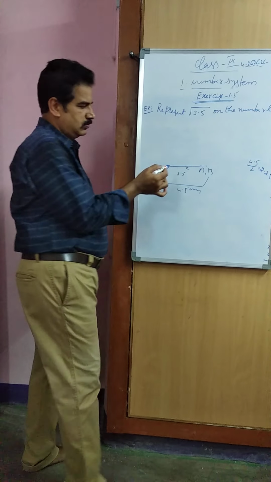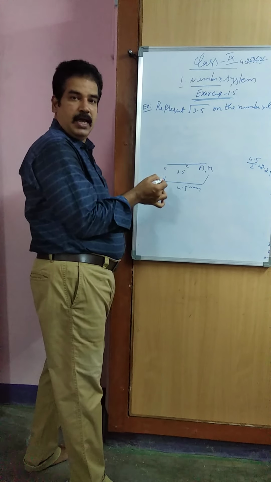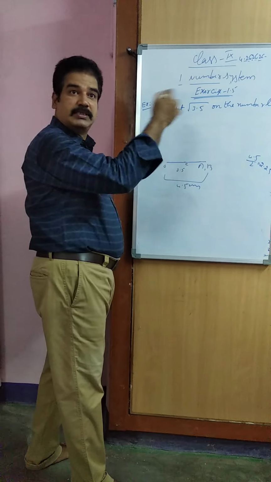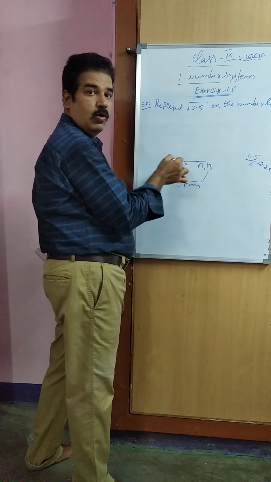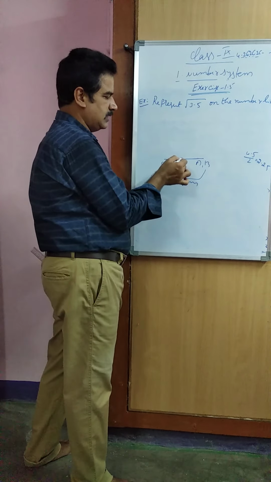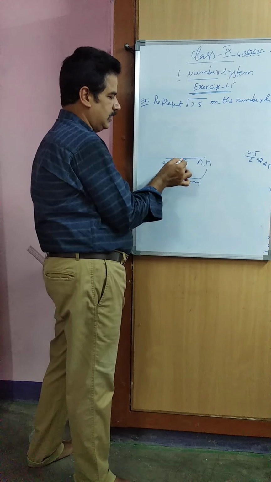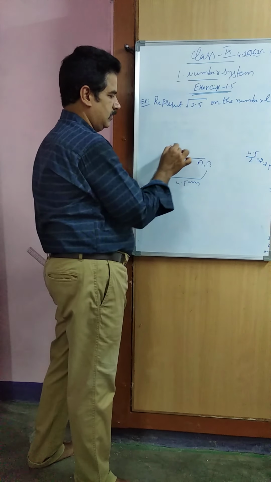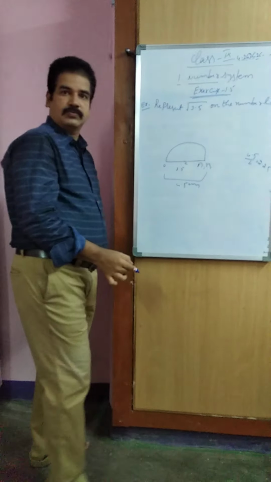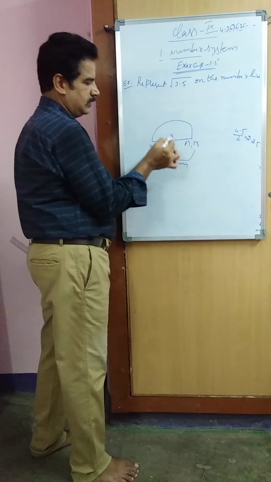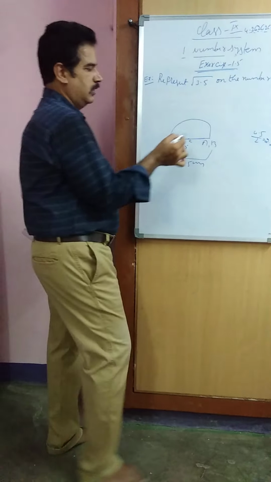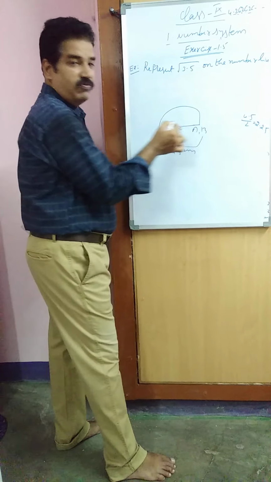Okay, now you take the midpoint C, and with C as center you draw a semicircle, with OC radius or CB radius. Yes, and now here already it is there, OA is 3.5.